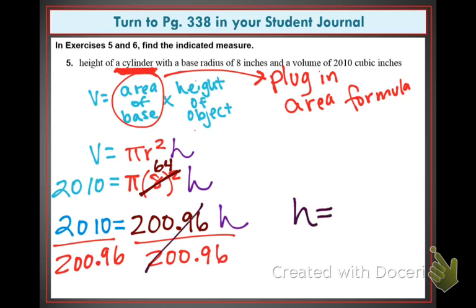So what does the height equal? 10. 10 inches. Why wasn't it inches cubed? Yeah, it's just height.